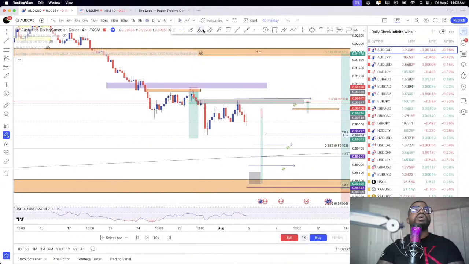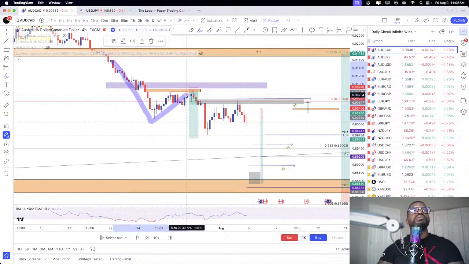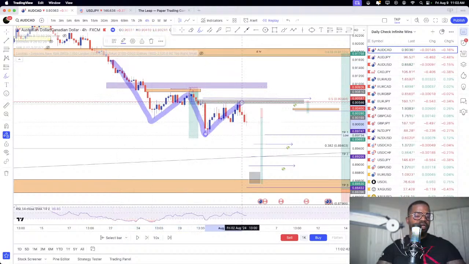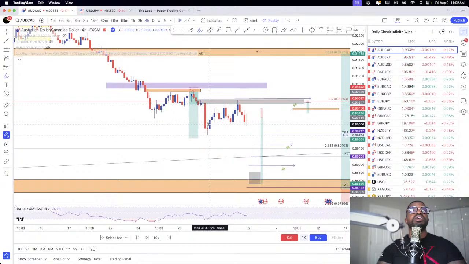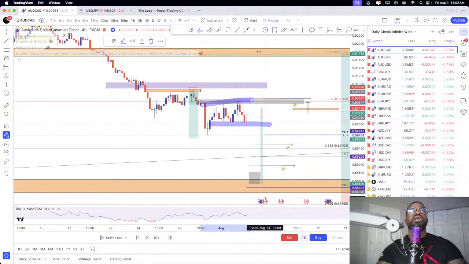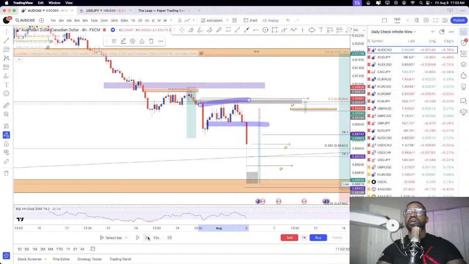Price was in this massive downtrend right here, and I looked at this area once it was broken as a possible area of structure. We were just looking for this area to be retested to get a continuation of this downtrend.